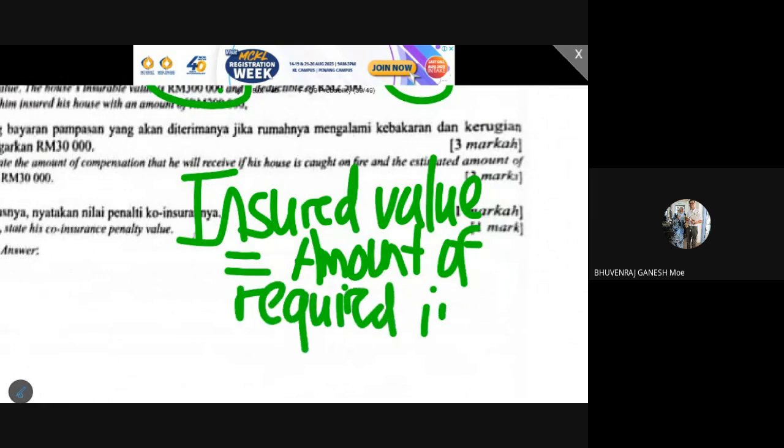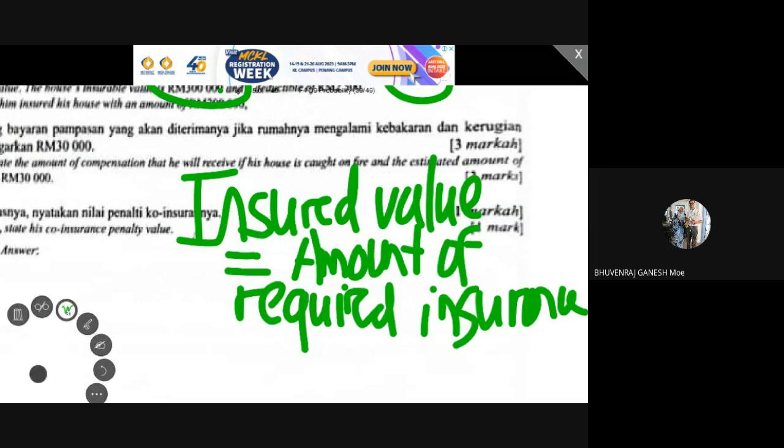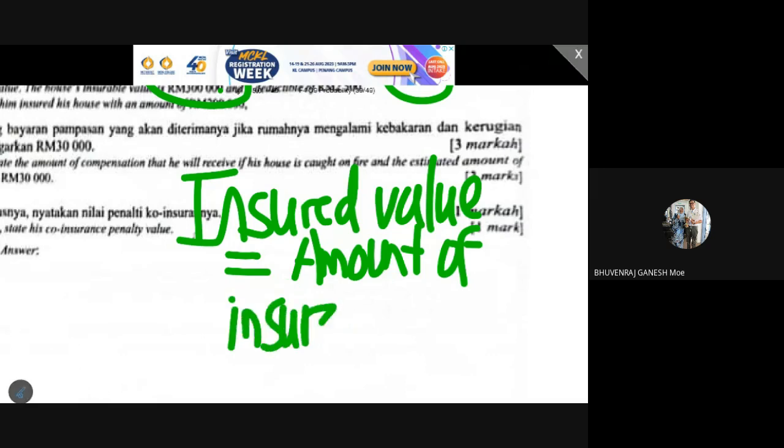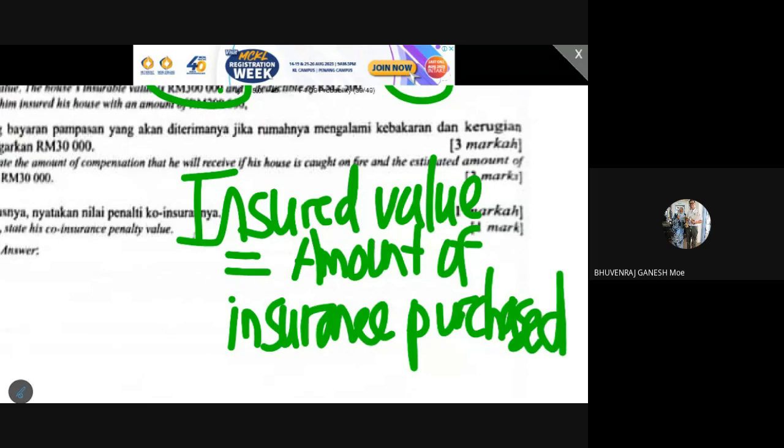Okay, this is one thing you all must know. Jumlah insurans yang dibeli. Sorry, it's not required insurance. Insured value is the amount of insurance purchased. Okay, these two mean the same thing, guys, membawa maksud yang sama.